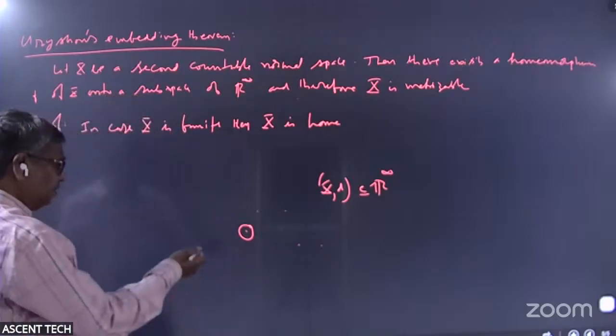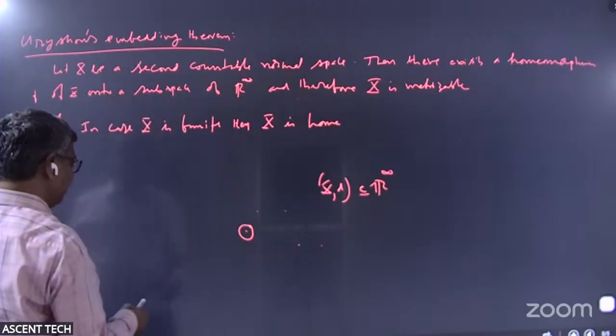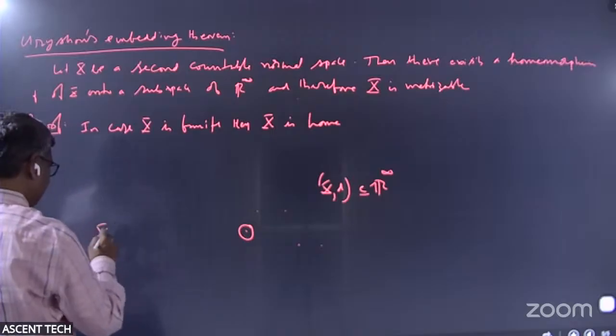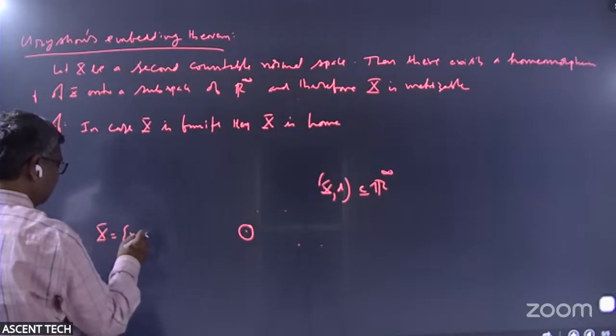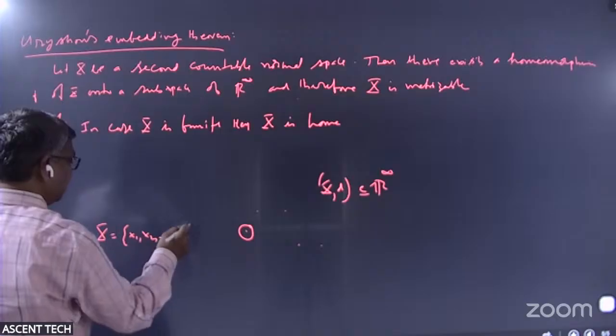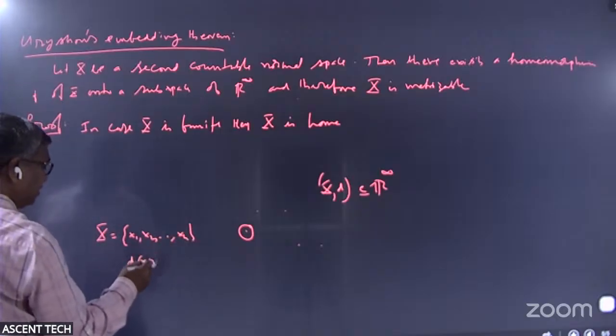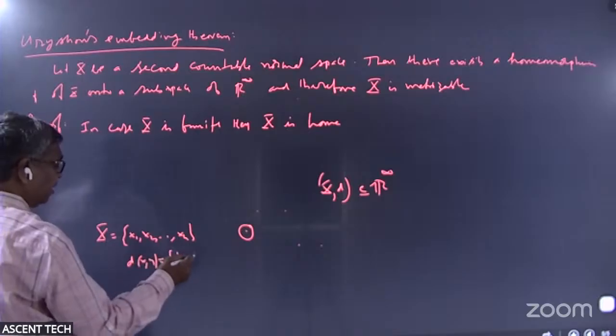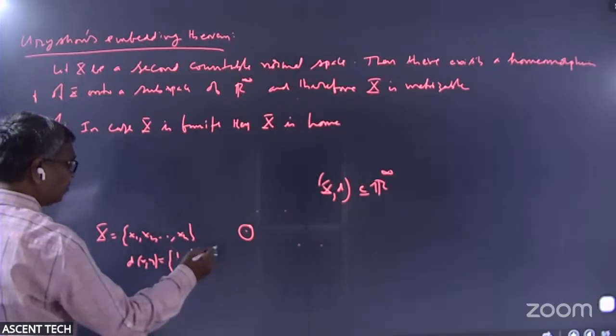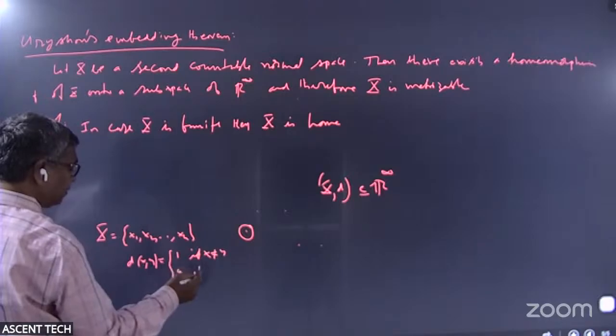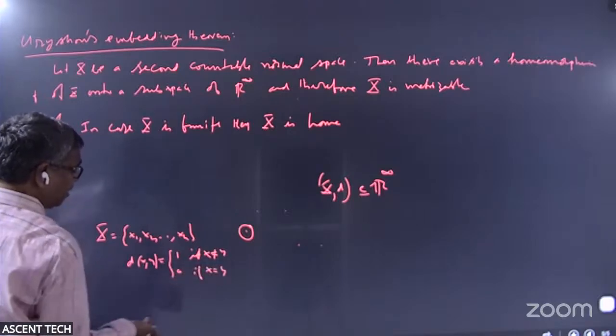I didn't tell you, if you have a finite space, suppose X has only elements X1, X2, etc., Xn, there is already a metric. You know the metric: distance between any 2 points is 1 if X is not equal to Y, 0 if X equals Y. Suppose you put that as a metric.